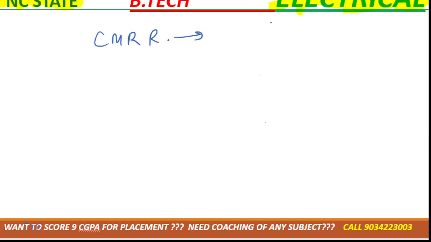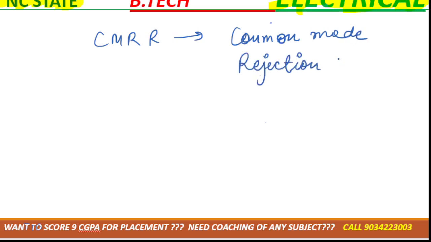CMRR stands for the common mode rejection ratio. It is basically the ability of the op-amp in which common signals are cancelled.